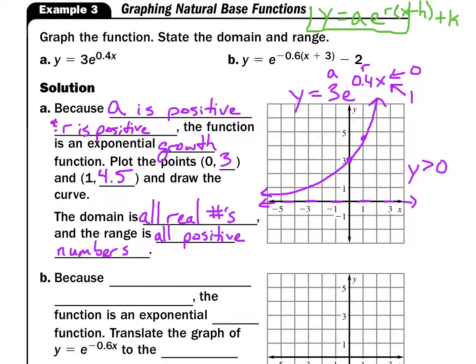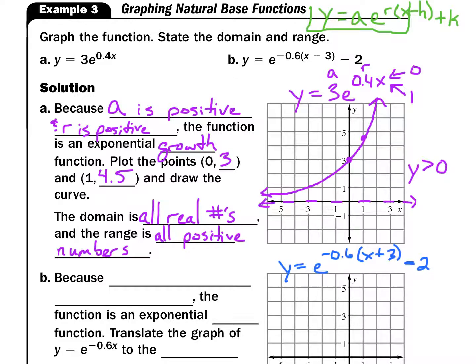Okay. So my next one is for B, y equals e to the negative 0.6 times x plus 3, minus 2. Okay, so this time I have an h and a k.